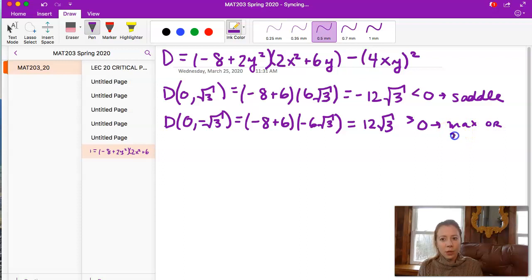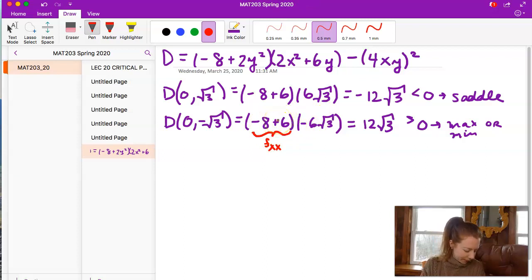So to determine whether it's a max or a min, we have to look at the concavity. Okay, so looking at here, this is our f, our second order with respect to x, or we could look at our second order with respect to y. Either one would work fine. So this is going to be minus 8 plus 6, which is minus 2.